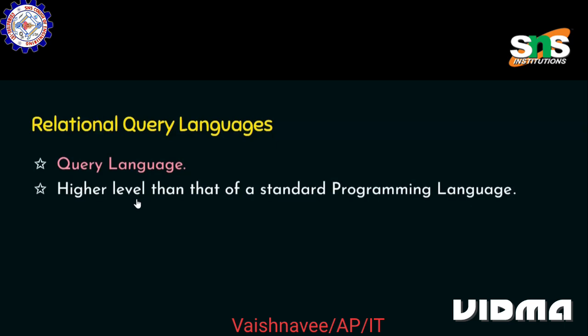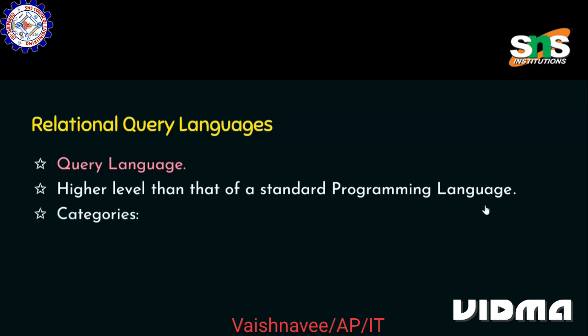In that programming language code, we write the query language code. For example, retrieving the account balance is embedded in the programming language. That's why it is said to be higher level than standard programming languages.